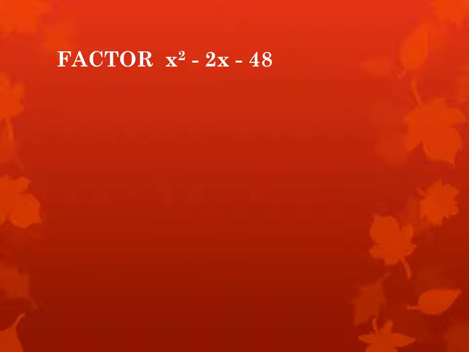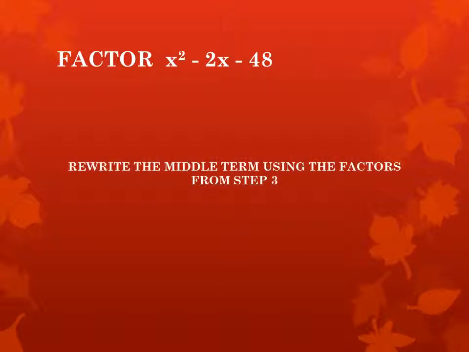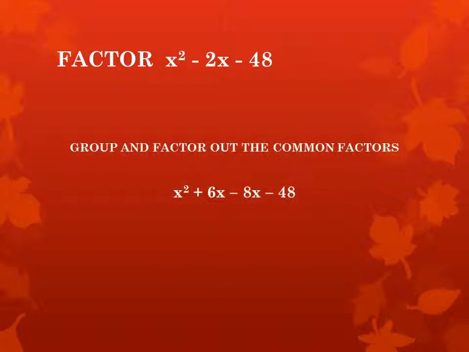The next step is to rewrite the middle term using the factors from Step 3. x squared plus 6x minus 8x minus 48. Our last step is to group and factor out the common factors. We group together x squared plus 6x and negative 8x minus 48.